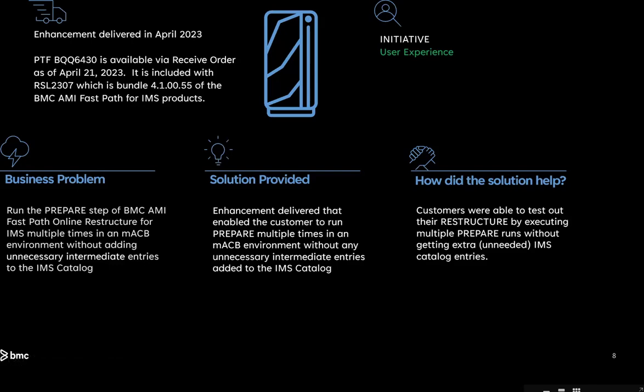I'm not going to talk about what the product does, but a very high level overview is you can use this product to make structural changes to your FastPath databases, and you don't need to bring your databases offline, right? So you can do those structural changes online.